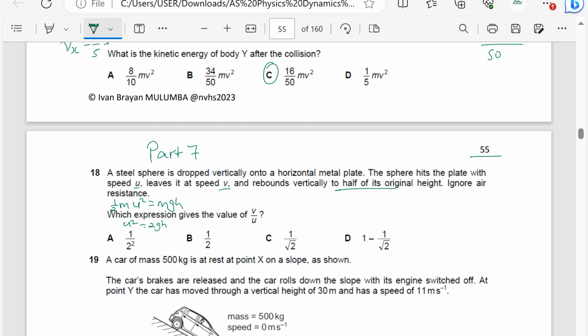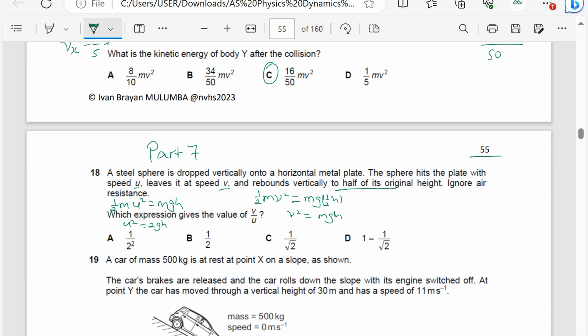Then it leaves with the speed v and reaches halfway. So the loss in kinetic energy when it is moving upwards is a half m v squared, and it gains gravitational potential energy mg times half h, because the height is now half. So v squared is going to be gh.